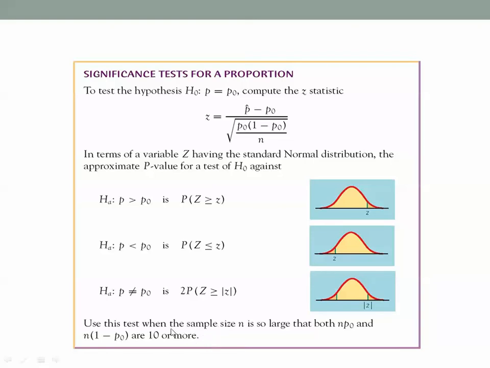The criteria is this: the sample size n needs to be large enough so that when you multiply n by p sub 0, your assumed population proportion, and when you multiply n times 1 minus p sub 0, both of those arithmetic expressions, when figured out, give you 10 or larger. You have to have that criteria met to do this kind of test.